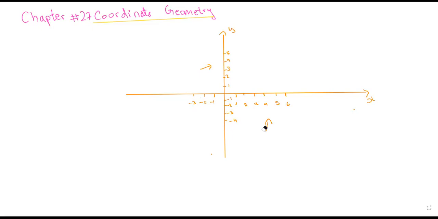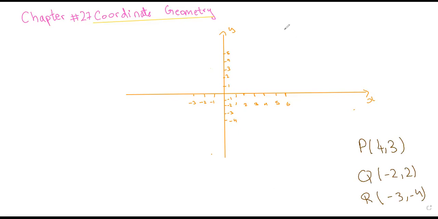Okay. Now, if I talk about a few points, let's say 4, 3, and another point, let's say -2, 2, and last point, let's say -3 and -4. Let's see where exactly these points lie in the XY plane.